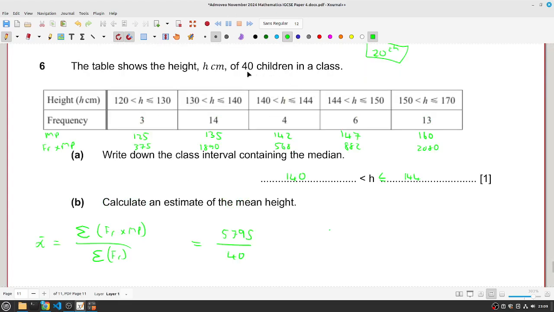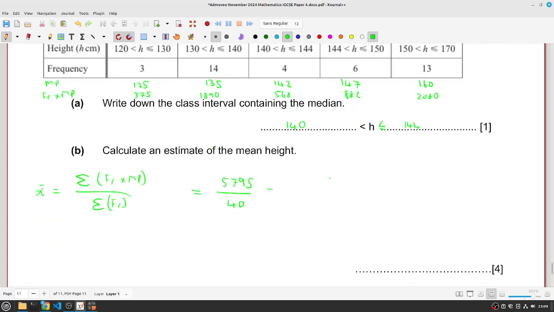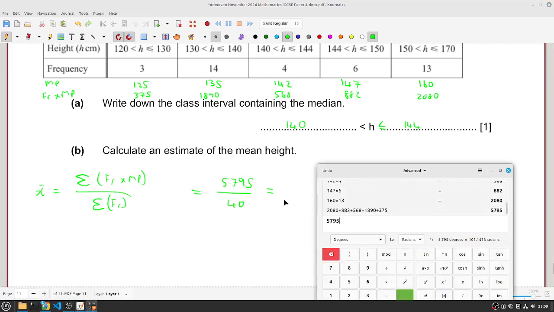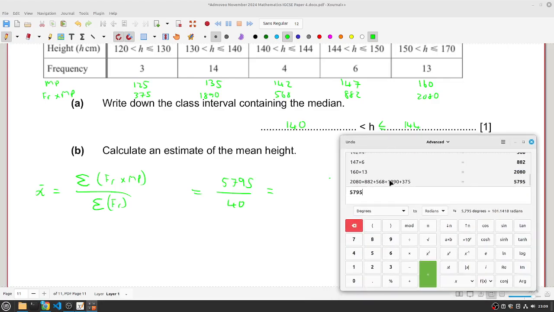They told us what that is anyway, otherwise we just add all of those together to get the 40. That is our estimate of the mean, and in another video maybe we can go through why we can estimate the mean by doing this. 5795 divided by 40 gives us 144.875.